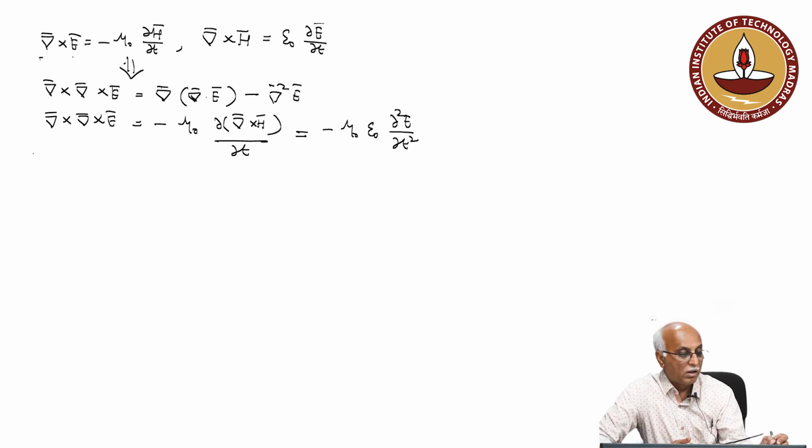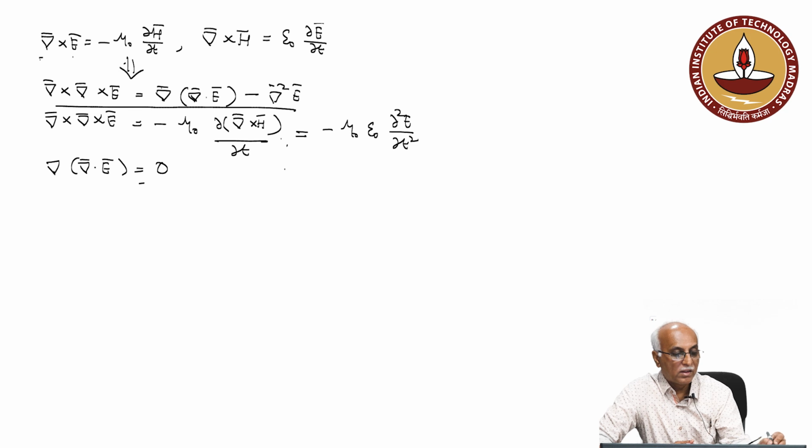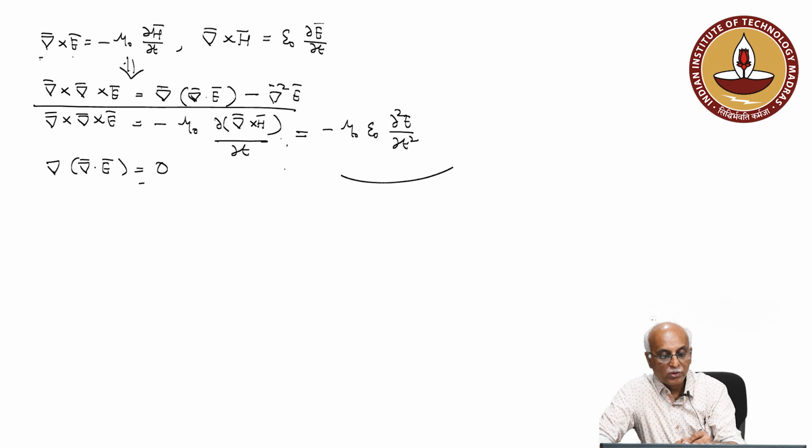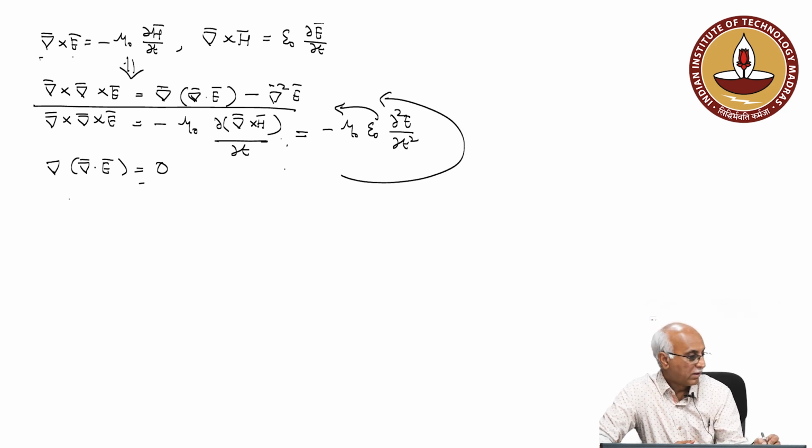Now del dot E bar in free space is 0. So if we substitute these equations, what we will obtain is del cross del cross E bar equal to minus del square E, because del dot E is 0.